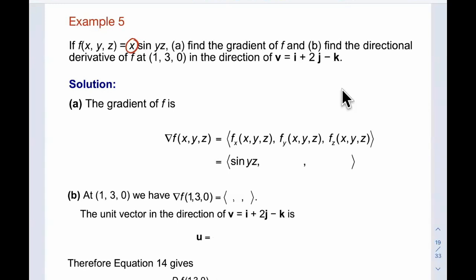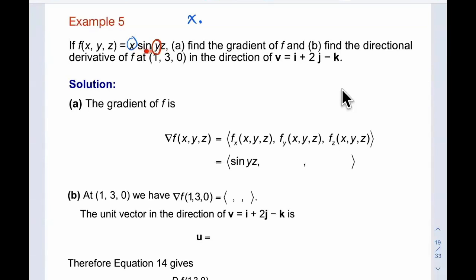Good job. Now the next one, the partial derivative with respect to y. Think about y as the only variable; x and z are constant. Differentiate this with respect to y. The x over here is the constant multiple, so we just copy it. Now what's the derivative of sine of yz?